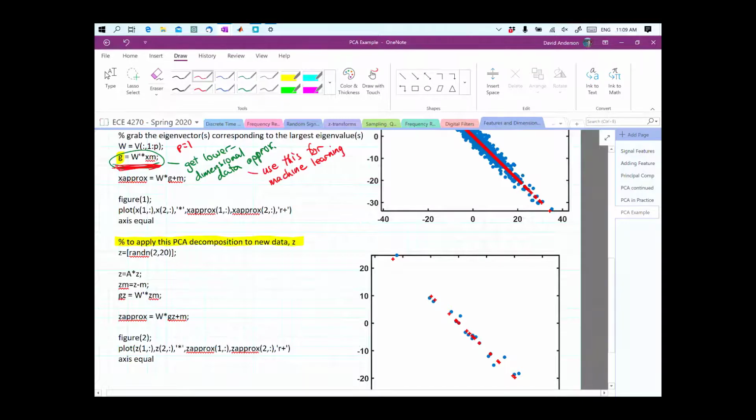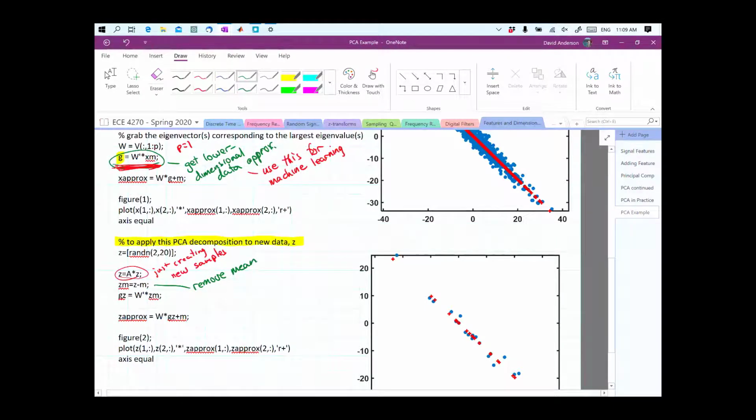So here we have 20 new samples, and this part right here is just creating the new samples the same way we did before. As before, we need to remove the mean, but when we remove the mean, we're using the previous mean.